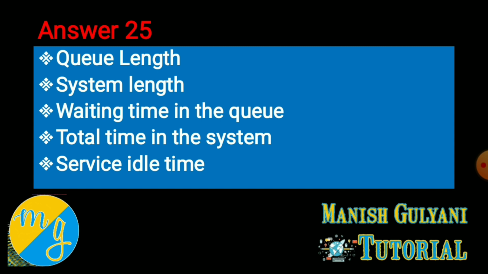And service idle time simply means the relative frequency with which the service system is idle. Suppose when your turn comes, the service provider is busy with his personal call, so at that time the service system is idle. That time is known as service idle time, and it is directly related to the company's cost.